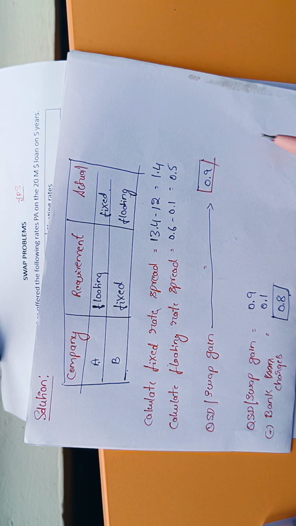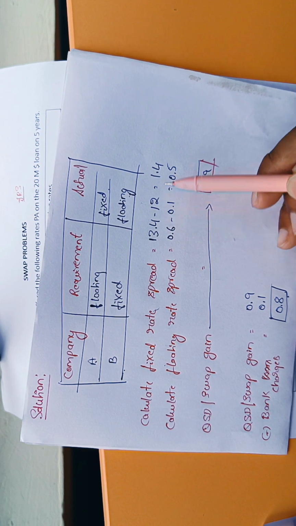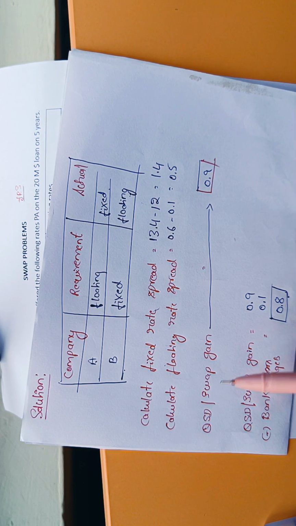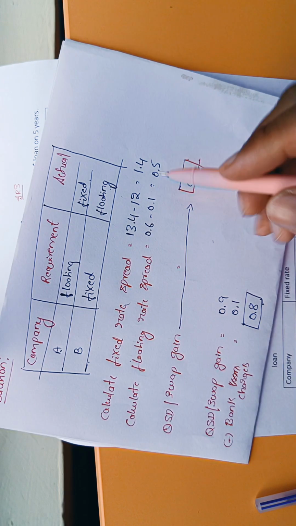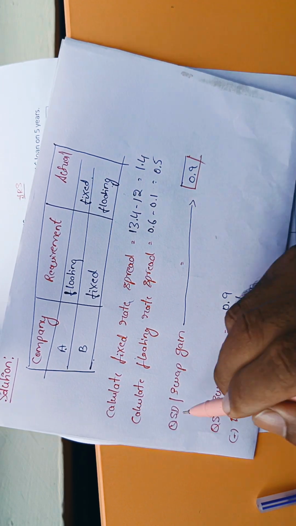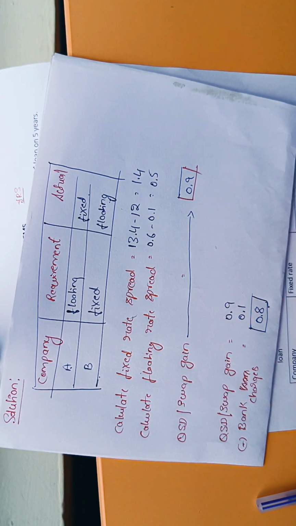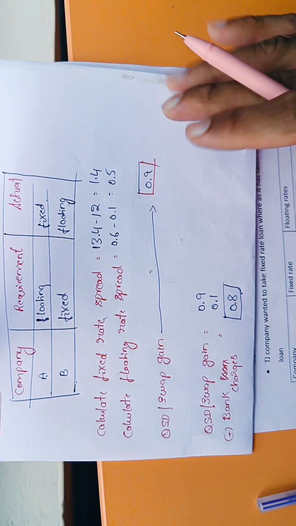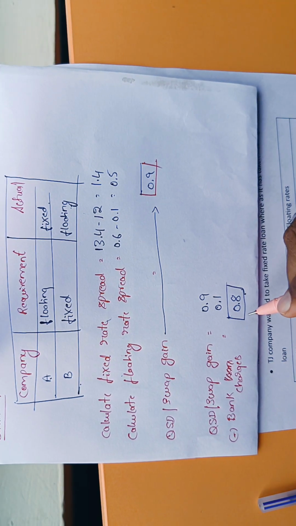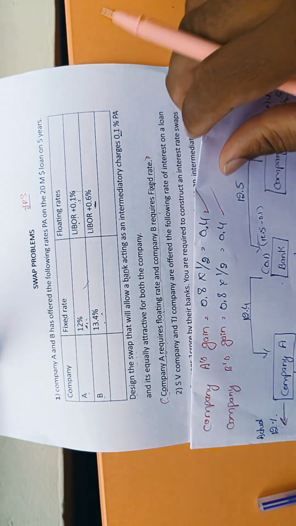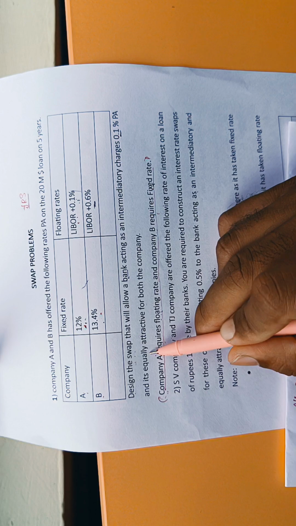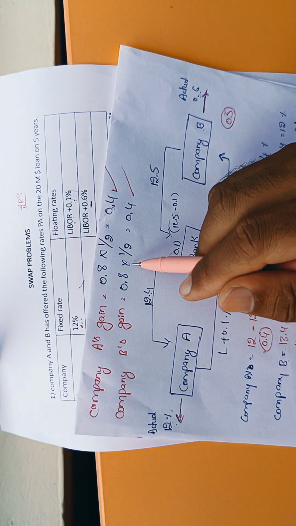That is the difference of fixed rate. We'll get 1.4. Calculate the floating rate spread, the difference of floating rate. Then the difference of these two is nothing but QSD, quality spread differential, or the swap gain. That is 0.9. From the swap gain, deduct the bank charges. 0.8 you will get. And as per the question, we need to divide it equally. Then we will divide it equally.